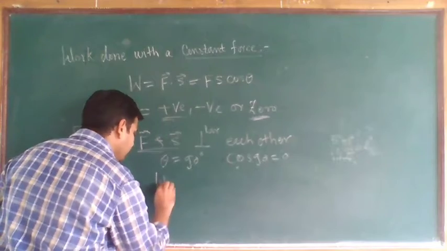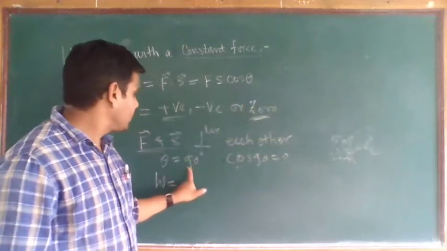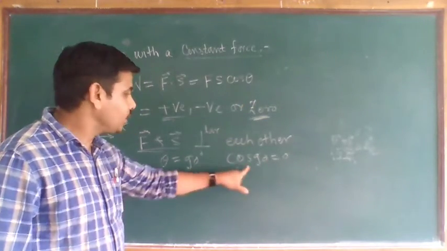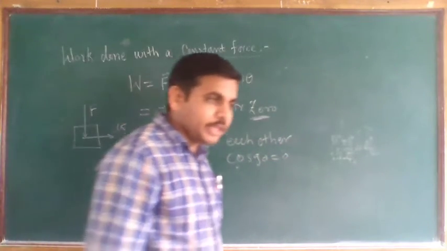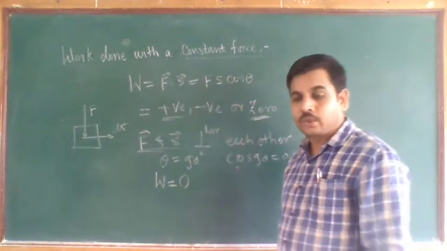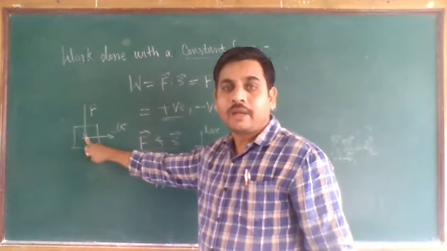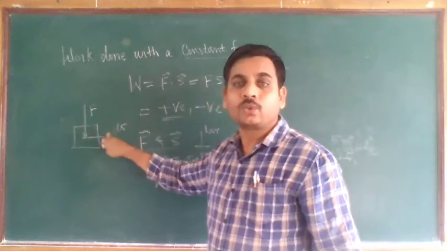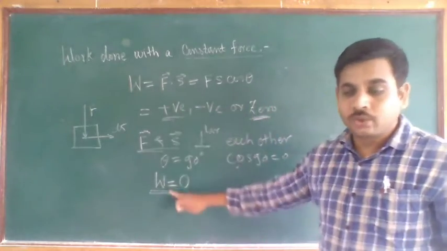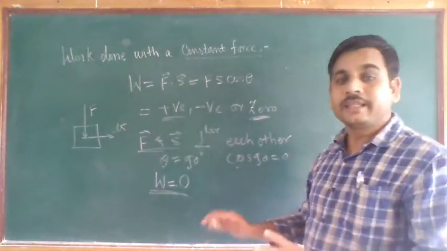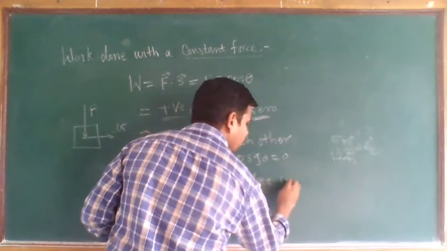So the work becomes 0. If the body moves in a direction perpendicular to the direction of the force, there will be no work done, or we can say the work done is 0.